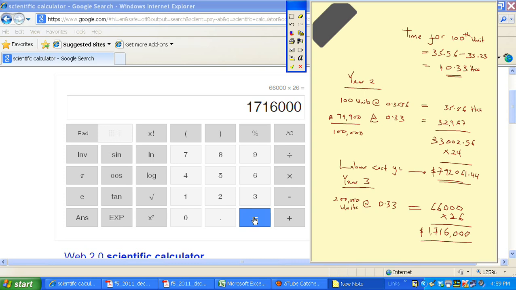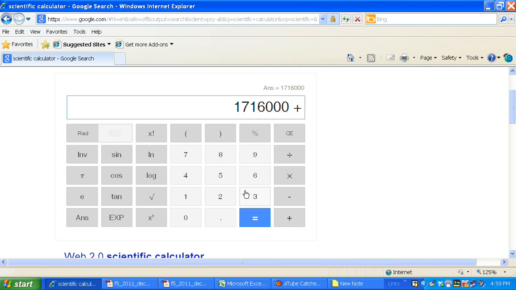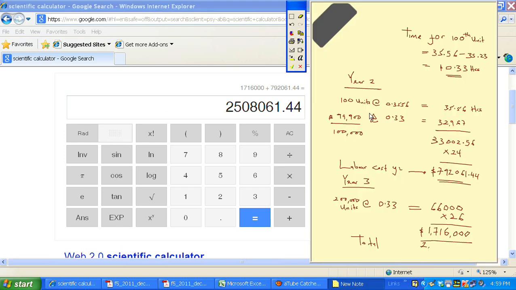So that is the total cost. So for the total, we shall need to add on the previous figure of 792,061.44, which gives you 2,508,061.